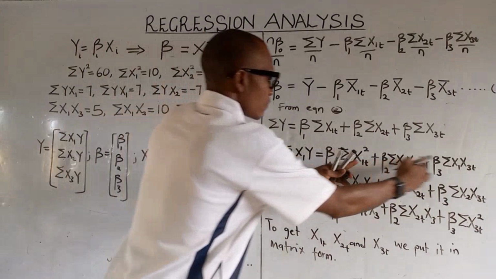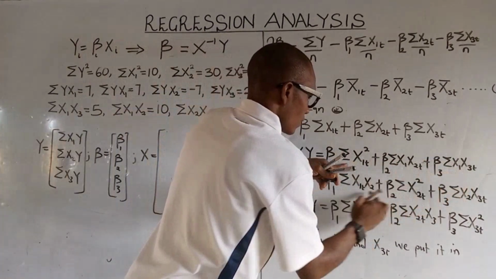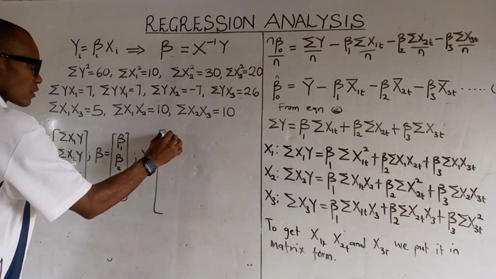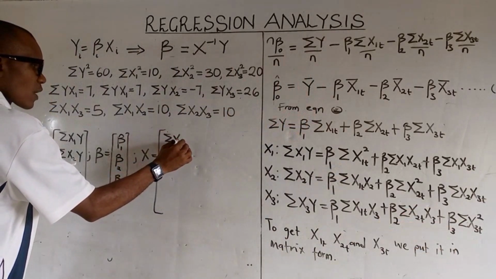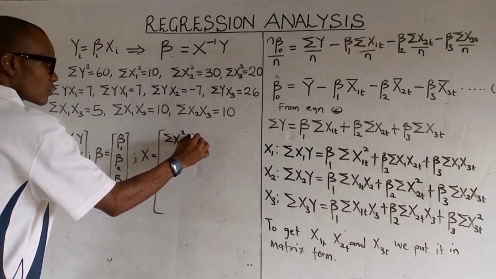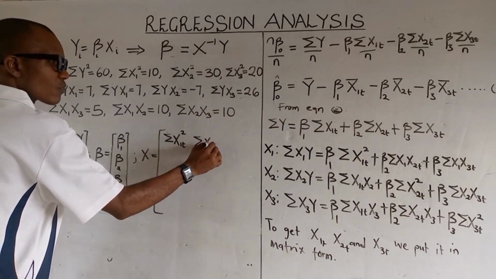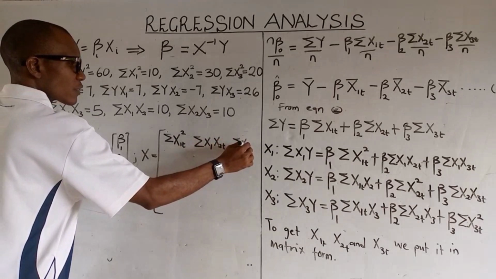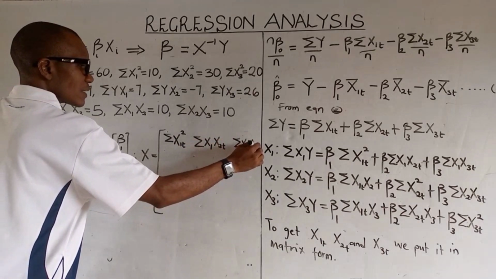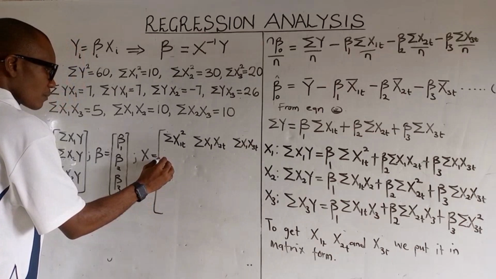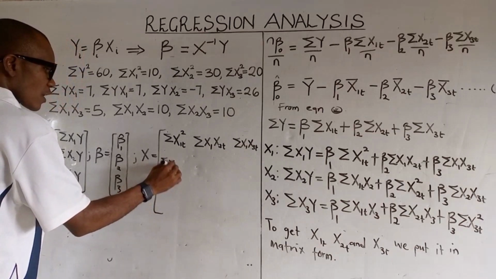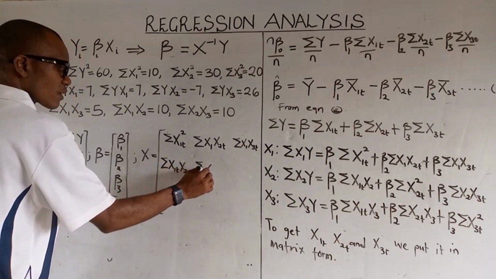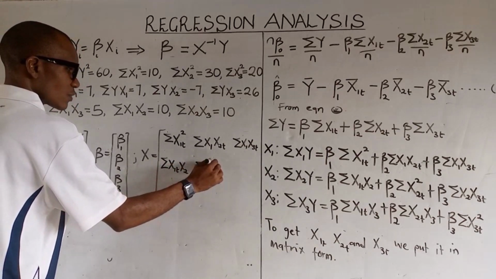If you watch the whole of this, we are just taking this, which will give us summation of x1t squared, summation of x1, x2t, summation of x1, x3t. Here we come, summation of x1t, x2, summation of x2t squared.